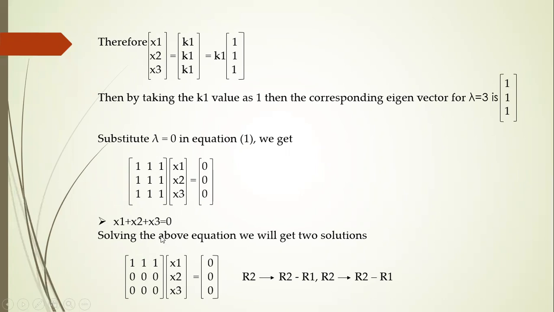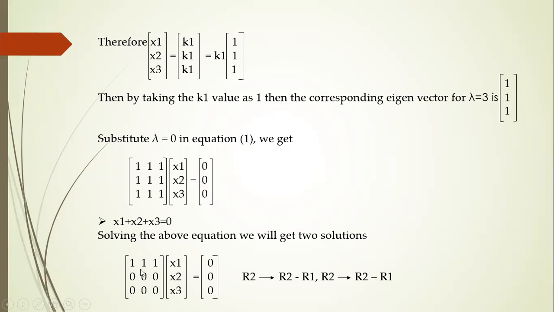Consider the matrix of all ones. From this, we get the equation x1 plus x2 plus x3 equals 0. Solving the above equation, we get two solutions.